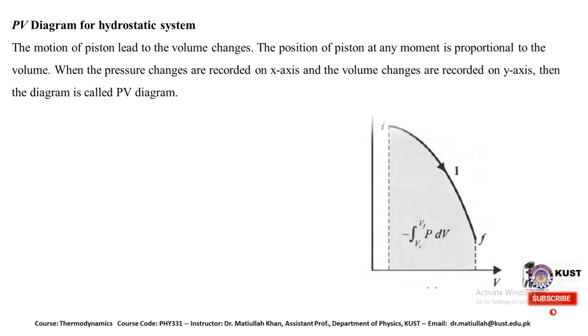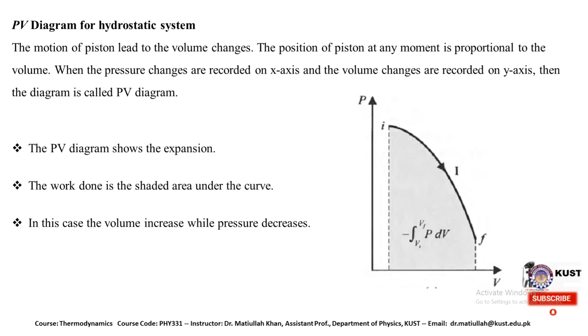Now we are going to develop a PV diagram for a hydrostatic system. We have different states in this PV diagram. In the first case, we develop the system when it is moving from the initial state to the final state. Here the volume of the system is increasing.